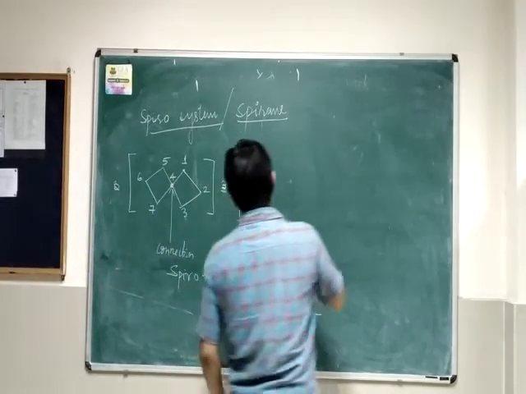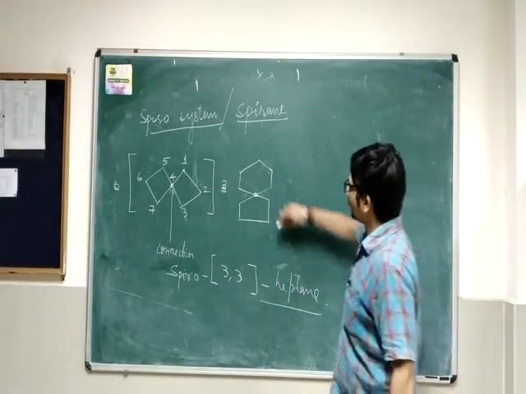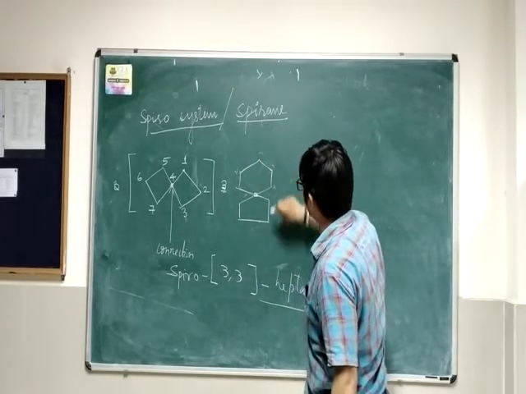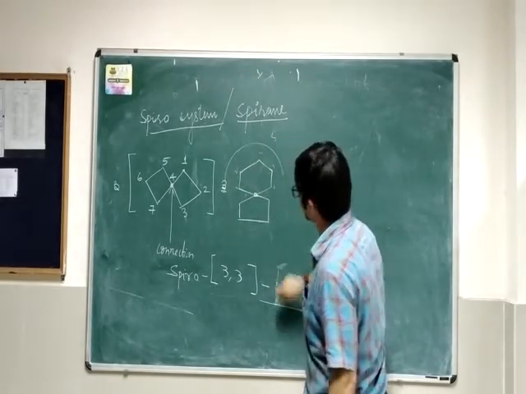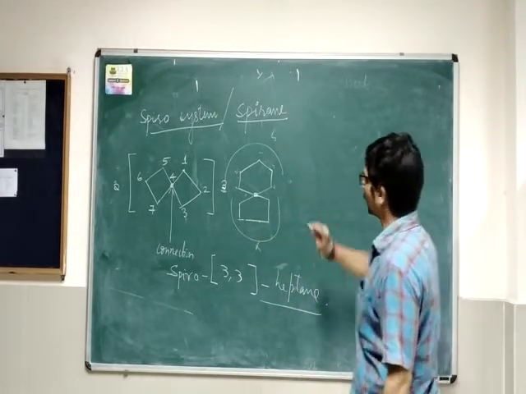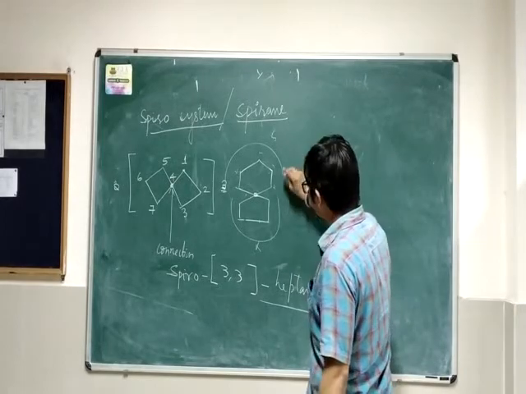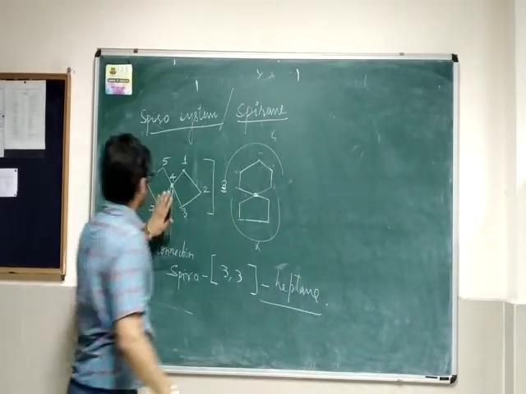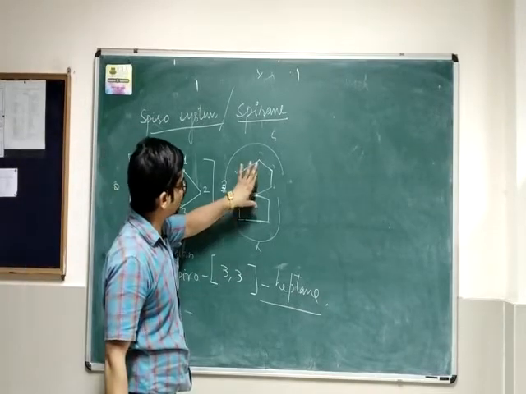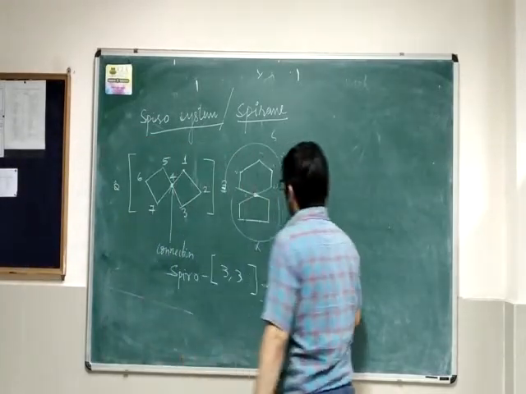Now we can take another example. You see here we have 1, 2, 3, 4, 5, 5 carbons at one side and 4 carbons at the other side. The name of this compound becomes, and this time in the earlier case both the rings were of the same size, but in this case both the rings are of different size.